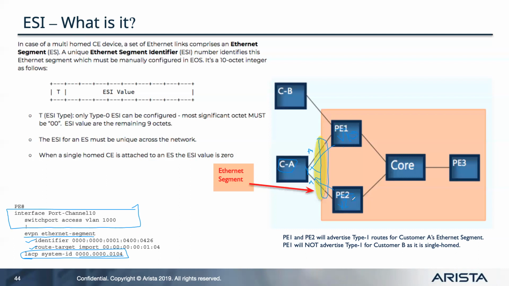You are saying for port channel 10 to use this LACP system ID as configured, not the one system MAC address, but this system ID, which is common and configured for both. Now both will send LACP PDUs with the same system ID, and the host understands that the LACP PDUs it is receiving from one switch have the same system ID, so it will bring the port channel up. Correct? Any question on this?